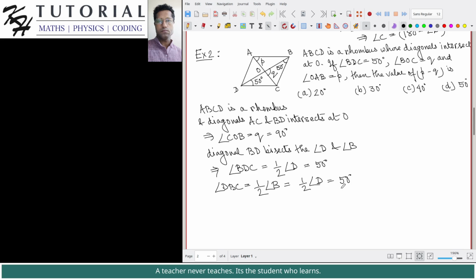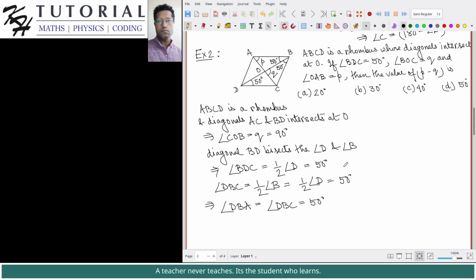So angle DBC is 50 degrees. This will imply that angle DBA will also be equal to angle DBC, which is 50 degrees. This angle will also be 50 degrees.